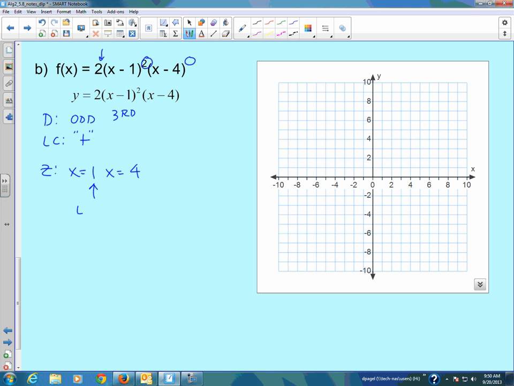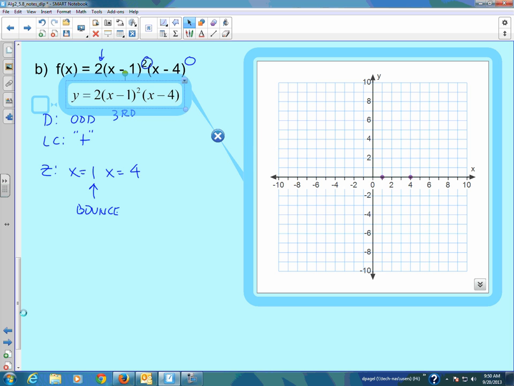special case because we're going to bounce off of it. Let's see what we get. X equal 1, x equal 4. And there it is.